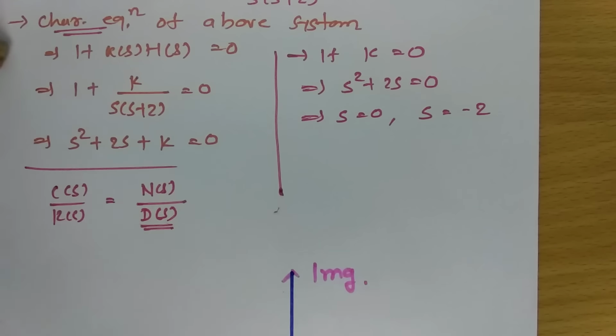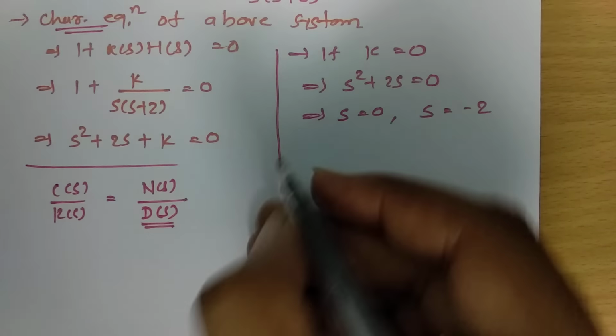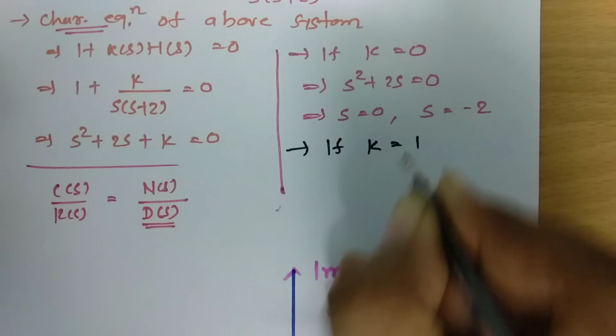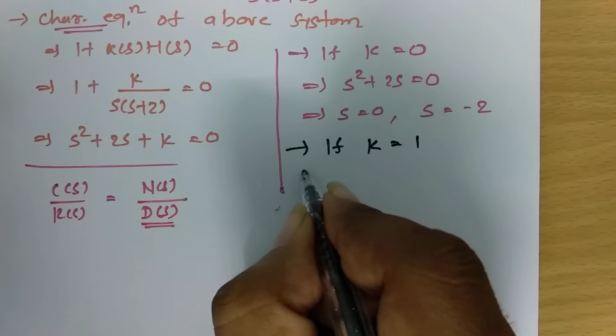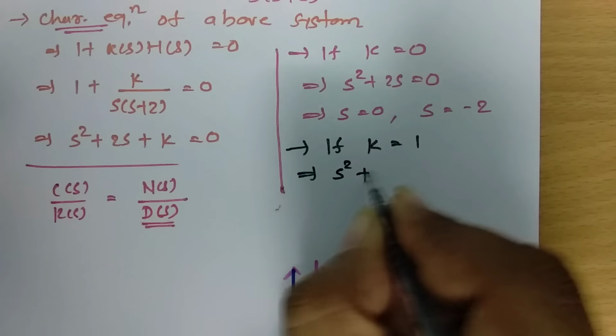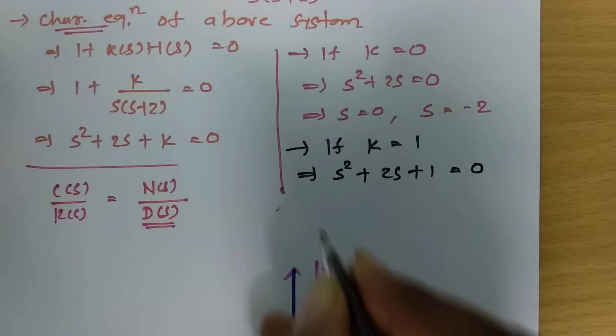Now if I consider the poles' position for K = 1, then the characteristic equation will be s² + 2s + 1 = 0.